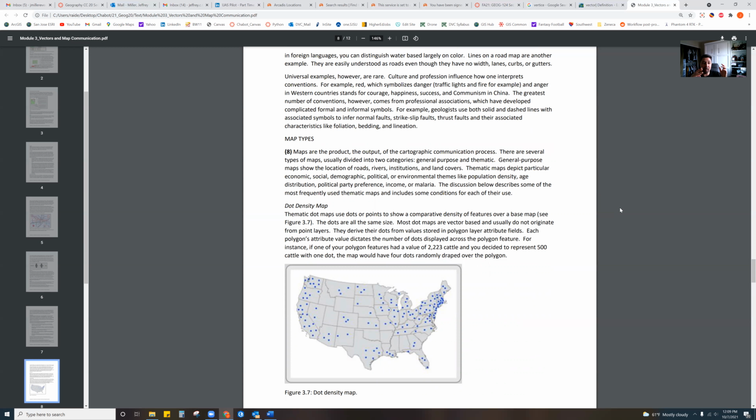A general purpose map shows locations of roads, rivers, institutions, really more for general purpose. It's not something that's, I guess we could say, more of a presentation at the end kind of aspect. That would be more for a data analytics component.